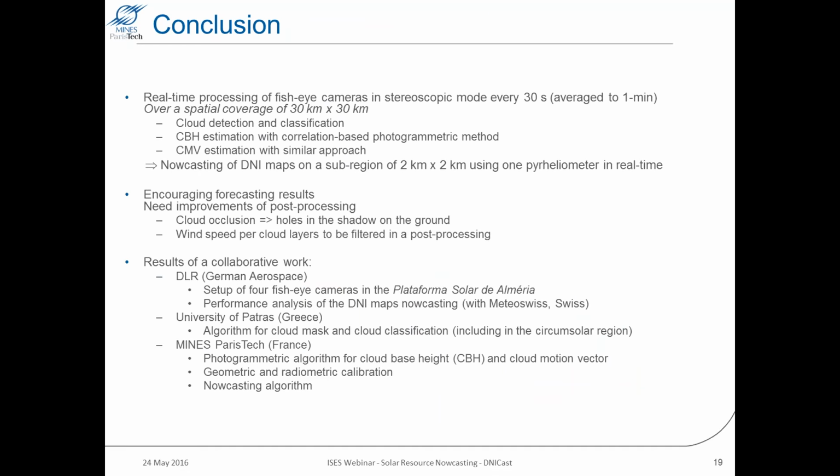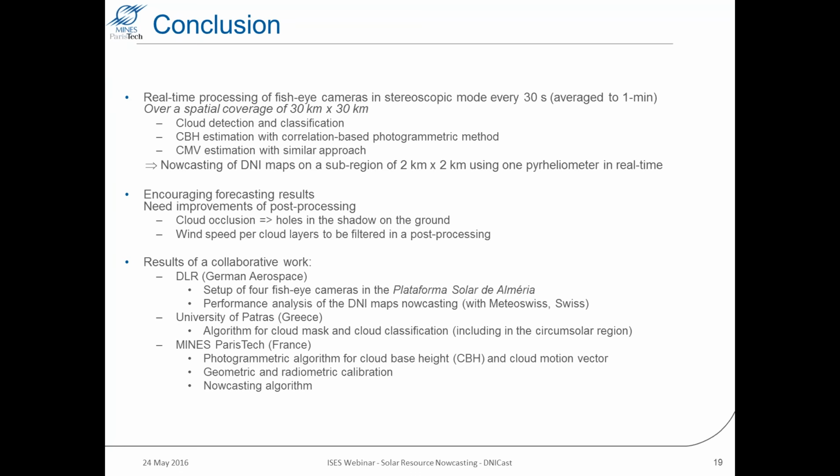So as a conclusion, we have presented a real-time processing of fisheye cameras in stereoscopic mode every 30 seconds, and the result has been averaged to 1 minute. This processing gives you information over a large spatial coverage of typically 30 km by 30 km, to do the cloud detection and classification, the cloud-base height estimation, and the cloud motion vector estimation in real time.